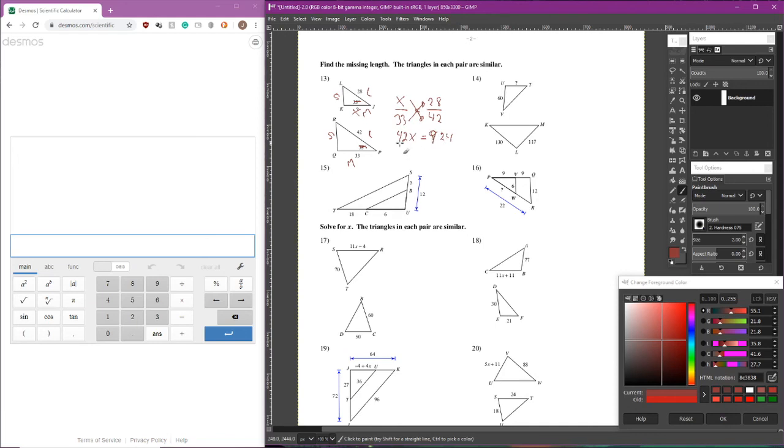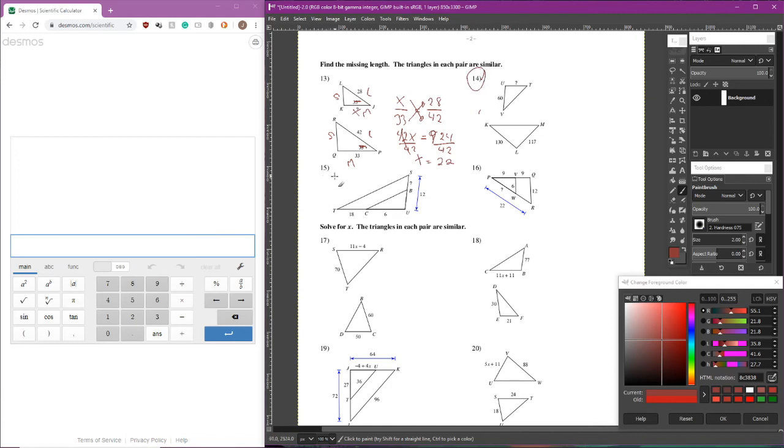Okay. Then you're going to divide away your 42, so you can leave x all alone. And 924 divided by 42 is 22. And that one's done. Okay. I'm going to circle 14. That's part of your assignment. You can do that one on your own.